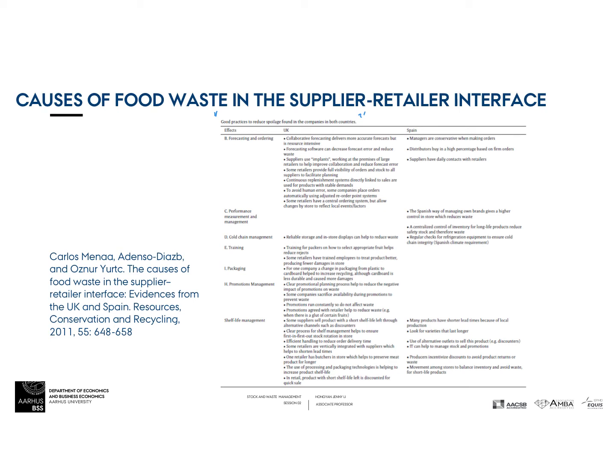The good practices include A, B, C, D, E, F, G. There are 7 different main dimensions, and these dimensions mainly relate to management. We call it management root causes of waste.